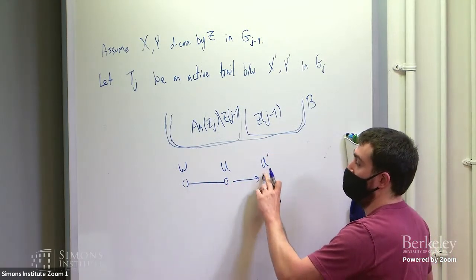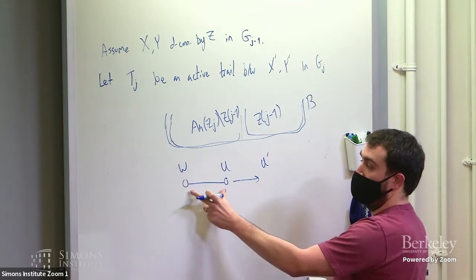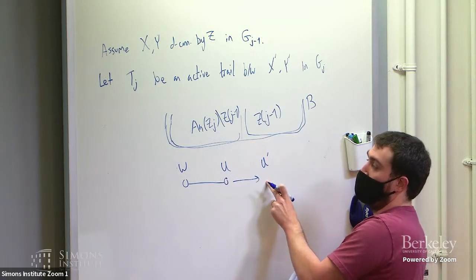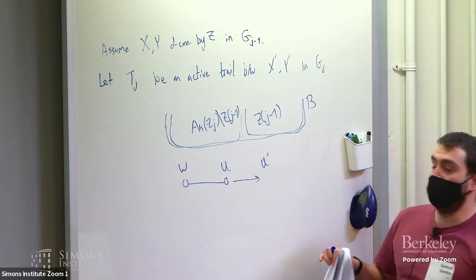So we have some undirected edge, and then between 2 vertices in this section, and then we have an outgoing edge to something not in this set.